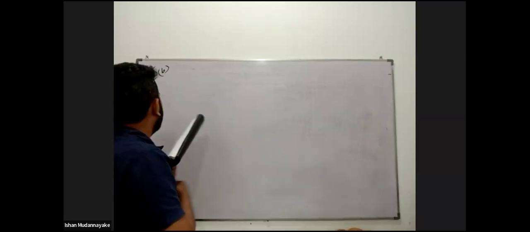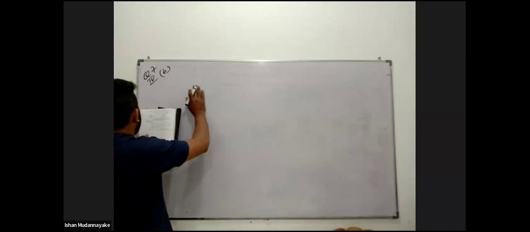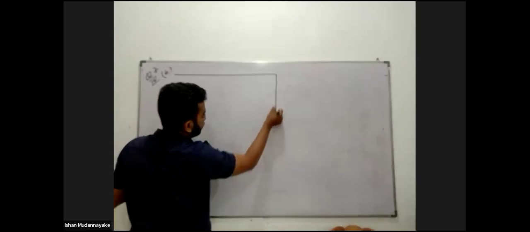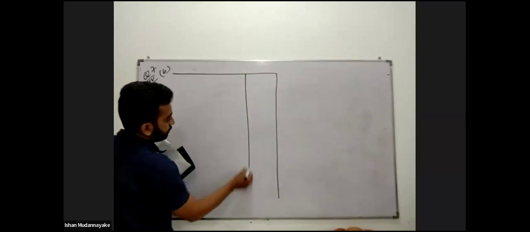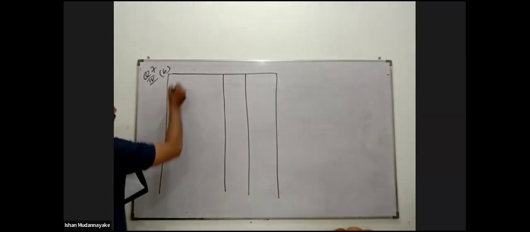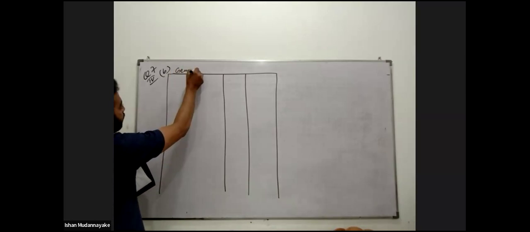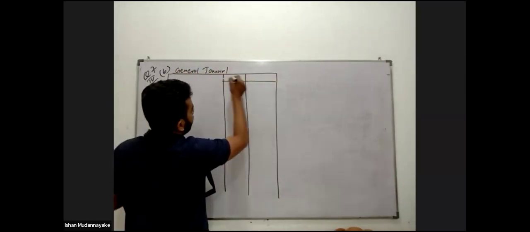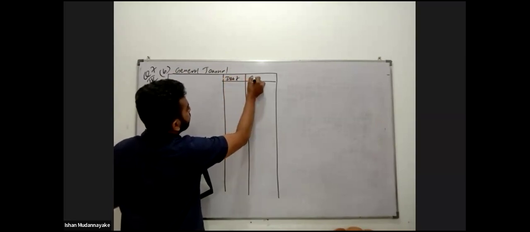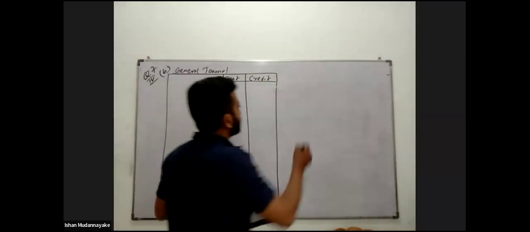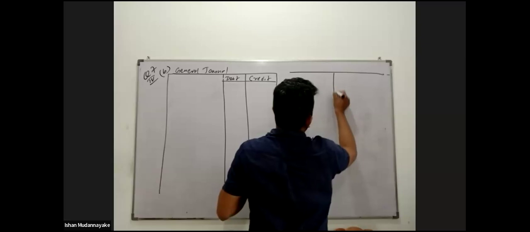Then here, write down the journal entries. Prepare the general journal, debit and credit. The suspense account is a temporary account.